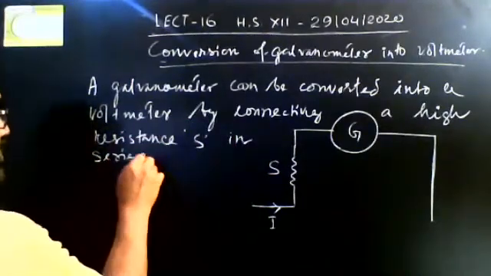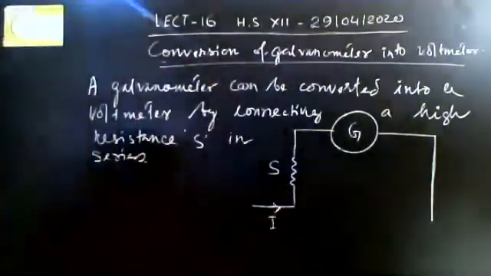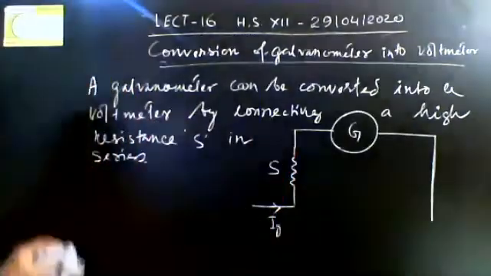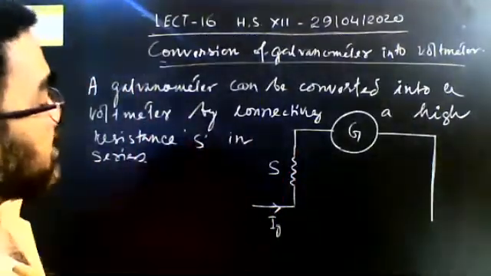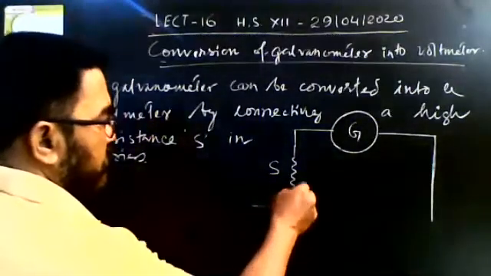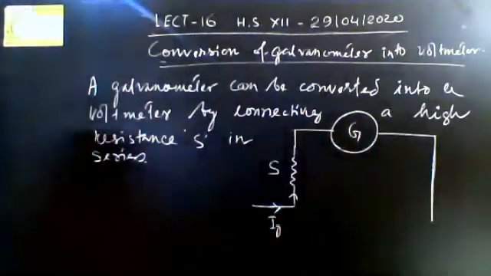High resistance S, say S is the shunt resistance. And Ig is the current passing through the shunt resistance as well as the galvanometer.